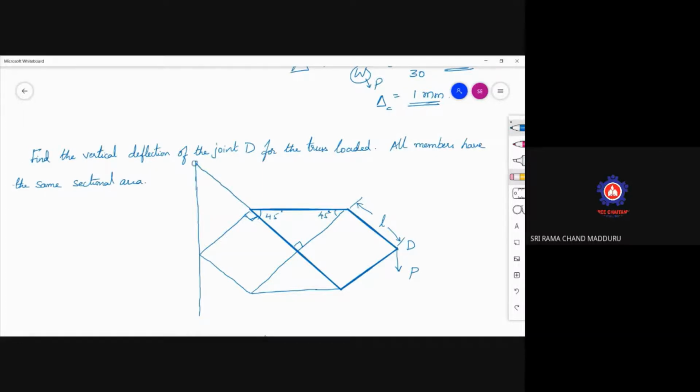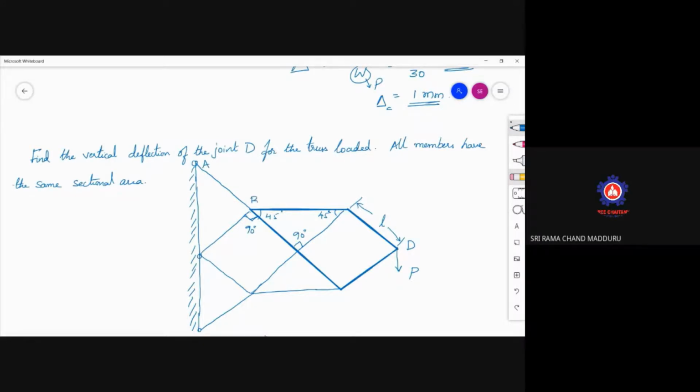All the joints here, they are pinned joints. So here this is 90 degrees. This is 90 degrees.